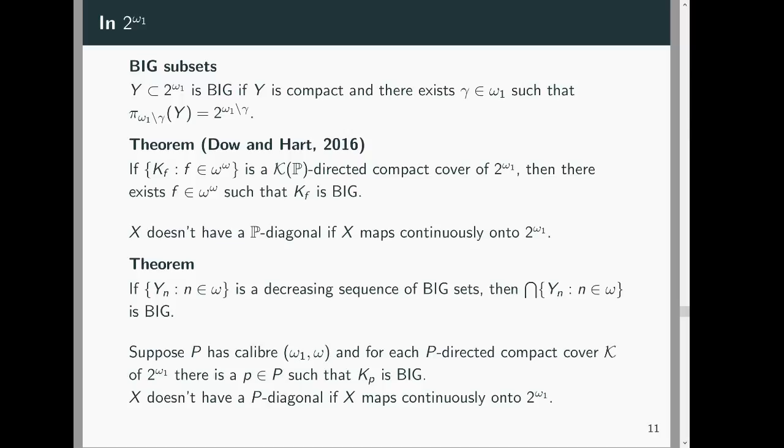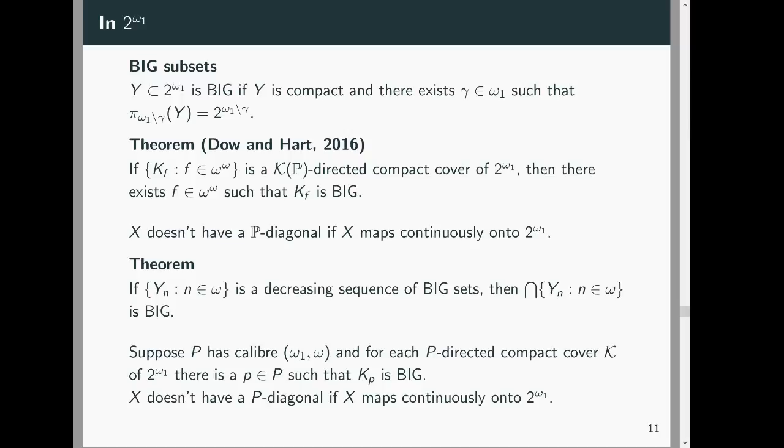And I extended this assumption: if you have a P directed set, and P has caliber ω1, ω, remember P is a separable metric space, then K(P) has caliber ω1, ω1. Then if this is true, the same result holds.